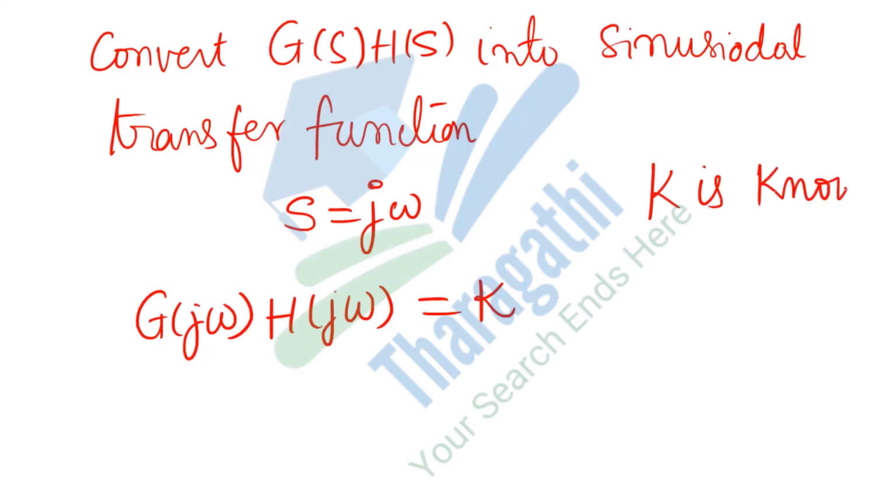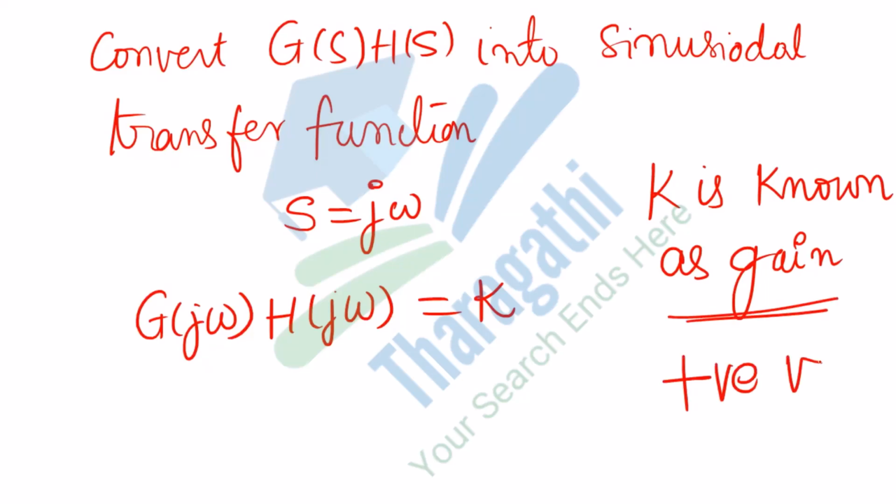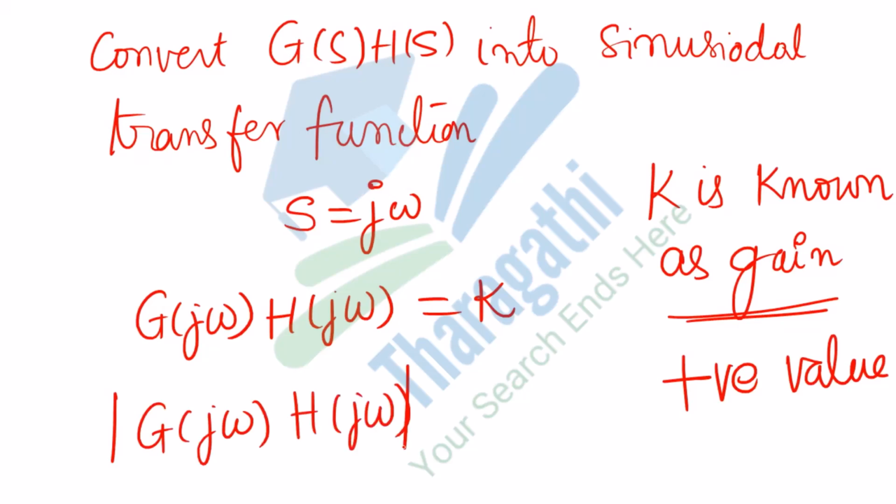This k is known as the gain, which is always a positive value. So now you find the magnitude of G(jω)H(jω). It is a positive and real value. K is positive and real. So under root k square plus imaginary value, which is not there, 0 square, which is equal to k.